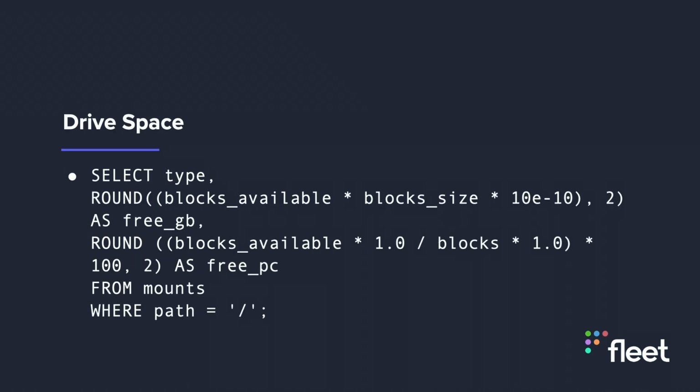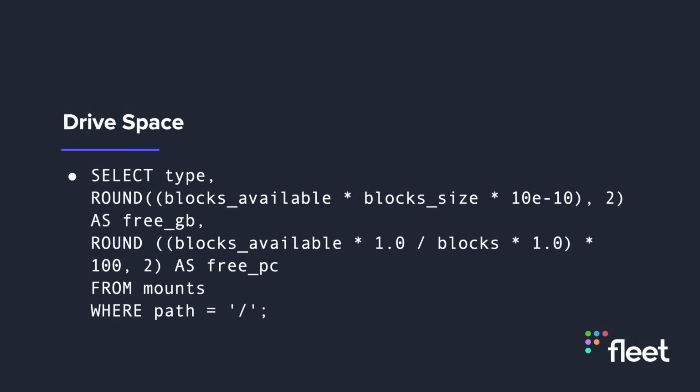Another example here is Drivespace. So with this, we're looking at blocks available and doing some math. Who knew that we'd have to do math these days? But the cool thing about this is that SQLite, which is what this is, will do the math for you.